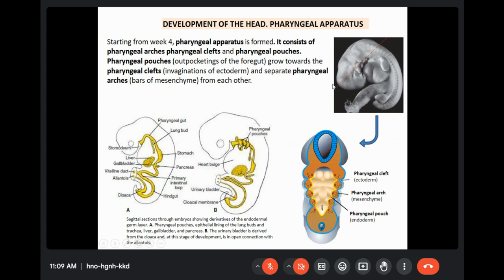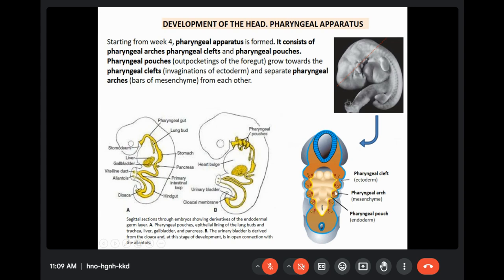And so, as a result, if we make the cut like this through the embryo, this is what we will see. Inside we see the gut. It is lined with endoderm, yellow in color. This endoderm makes the pharyngeal pouches, outpocketings that grow towards the surface of the embryo.